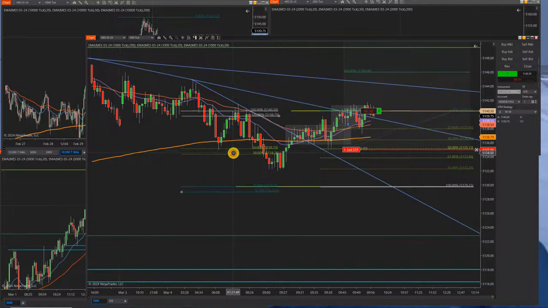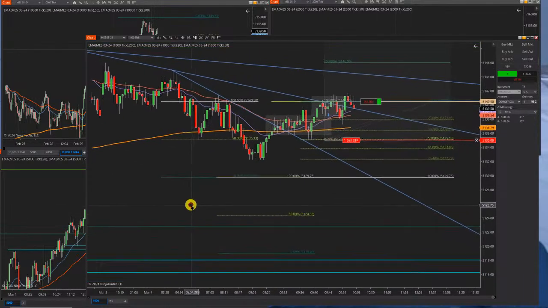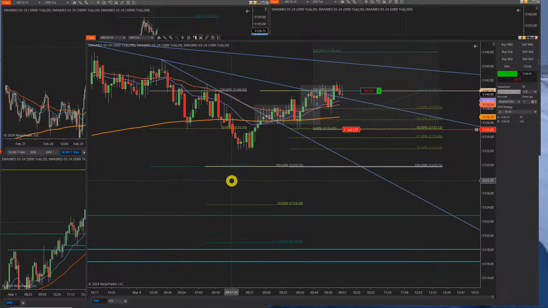Let's take and measure that down one more measure here. And that would be where our stop loss is at right there. Okay. Stop loss would be down here.